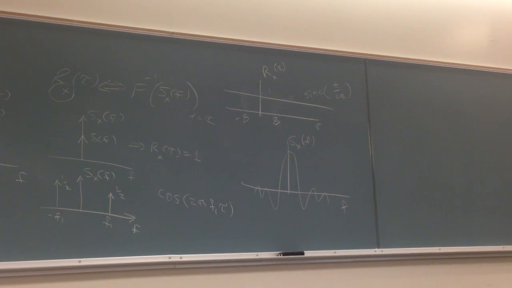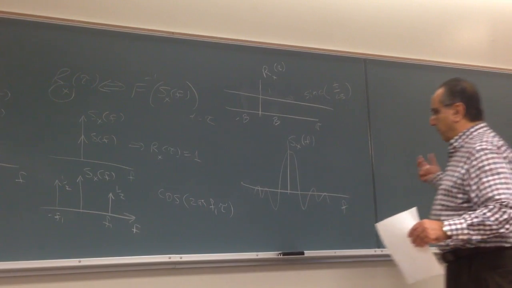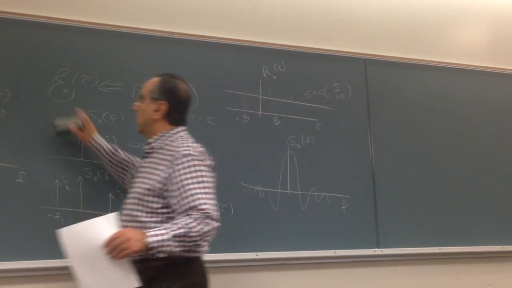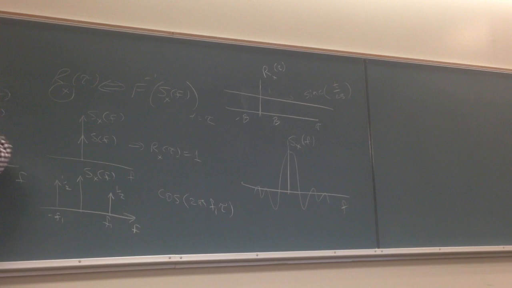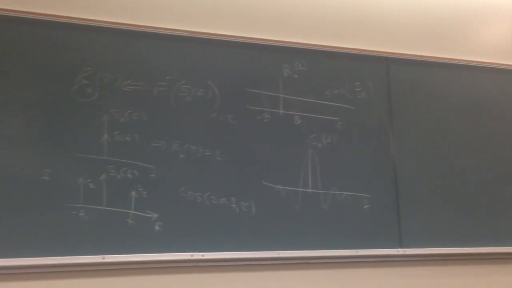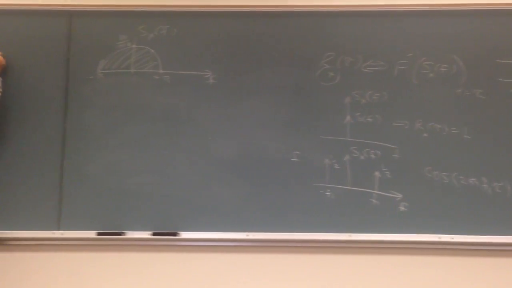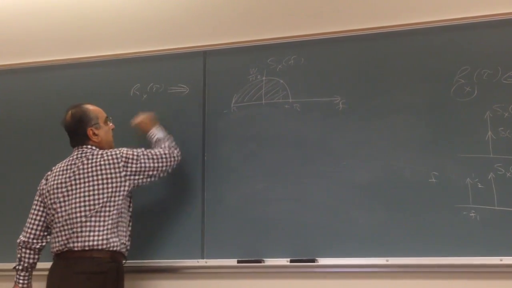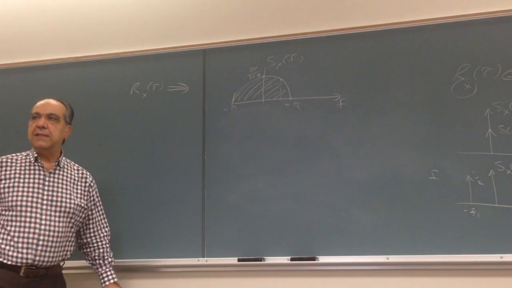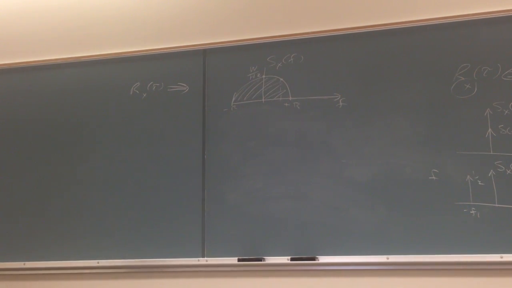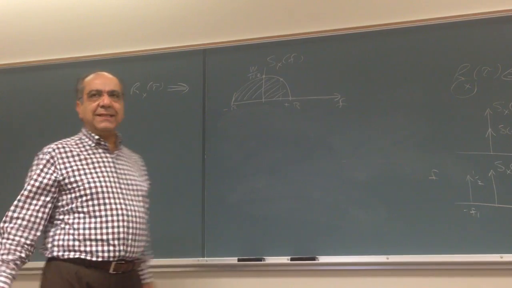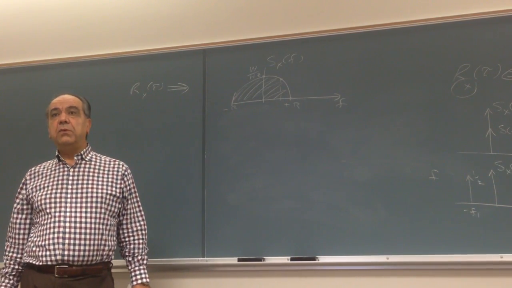Let's say you are already given the autocorrelation, and from autocorrelation you get the power spectral density. If I ask you what is the Nyquist rate, that's in your book.